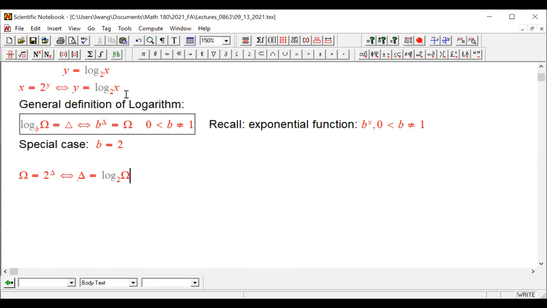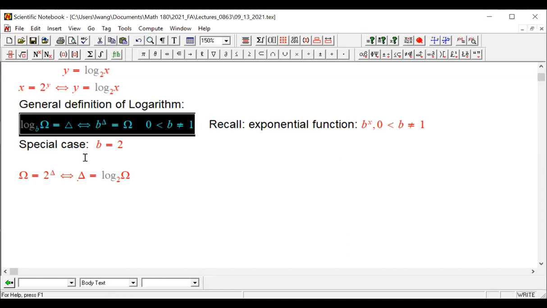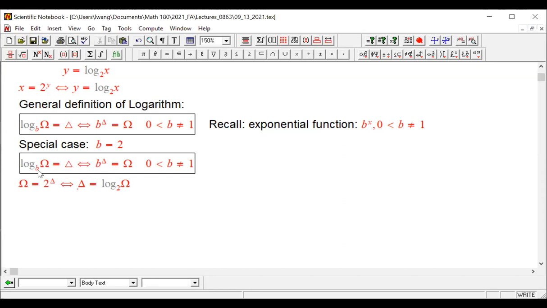We're going to try to understand logarithm. I'm going to review logarithm. Everybody have paper and pencil with you, please. In this general definition, which is for any base, if we replace b by 2, what do we get? That's what we get, which is exactly this one, just in a different order.